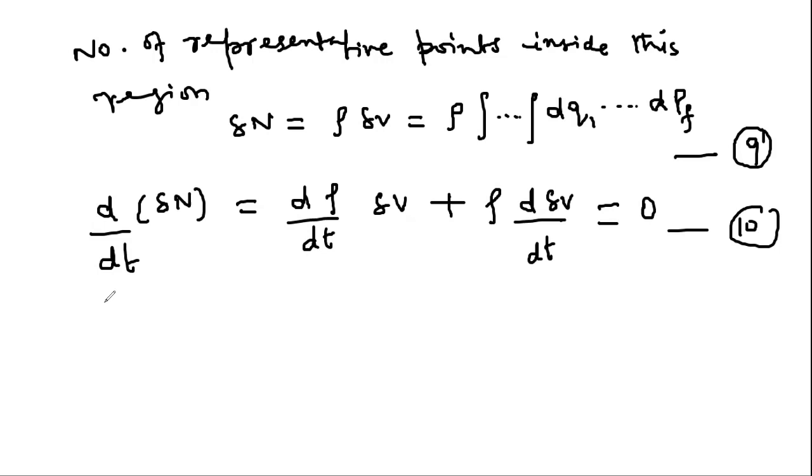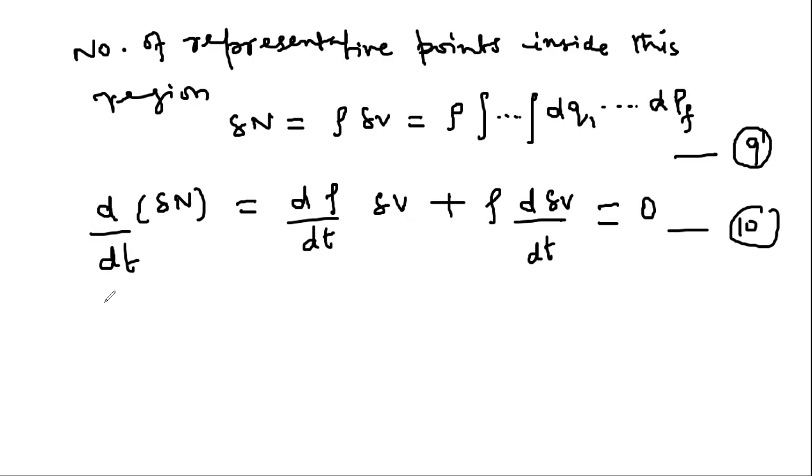Another reason is that no points can cross the boundary of this region and enter or leave the region. That could be a cause of change in delta n with time, but that cannot happen. Why? Because if some point leaves the region, it has to cross the boundary, and the boundary is formed by the points in the region.